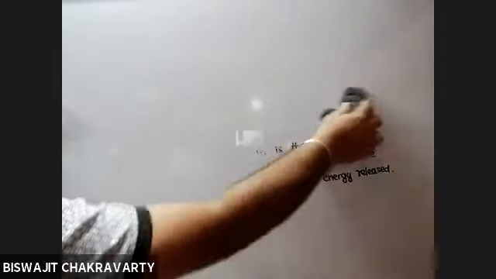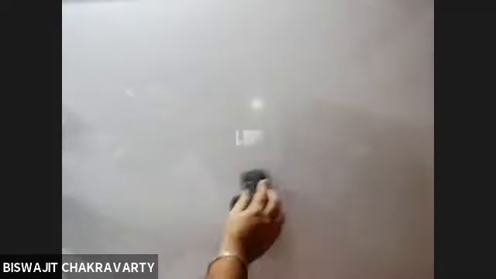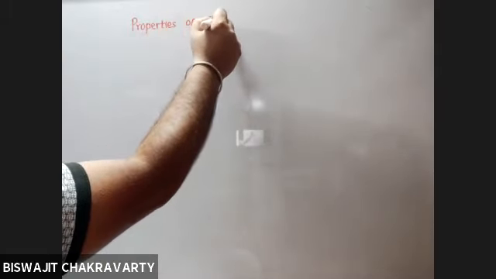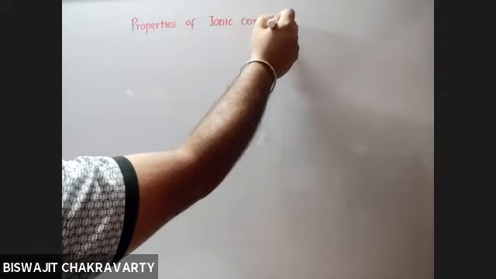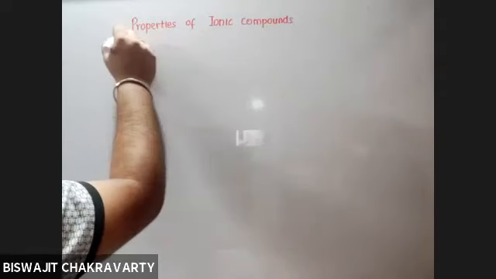Then after the ionic compound is produced by utilization of these three important points, we now talk about the properties of ionic compounds. What are the properties of ionic compounds? Let us see.